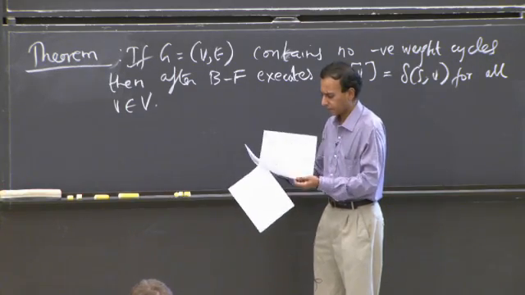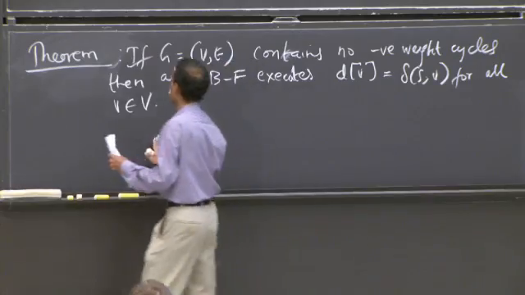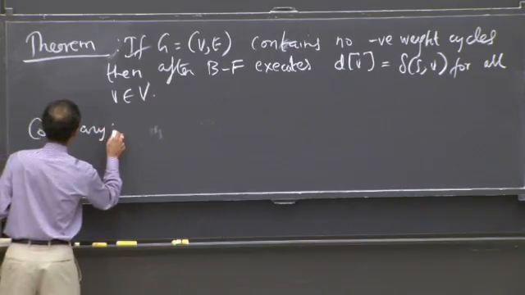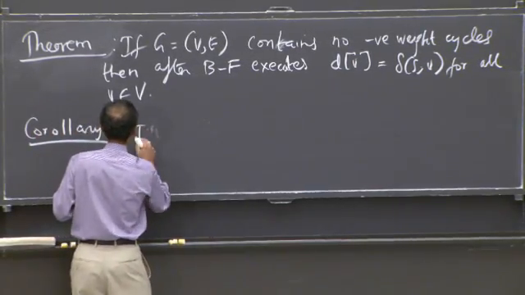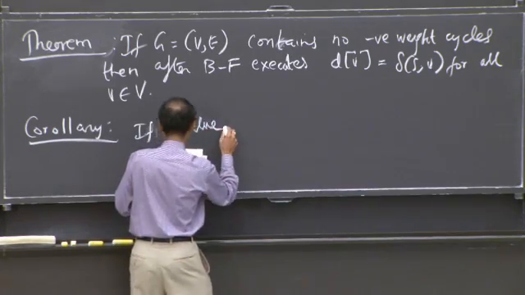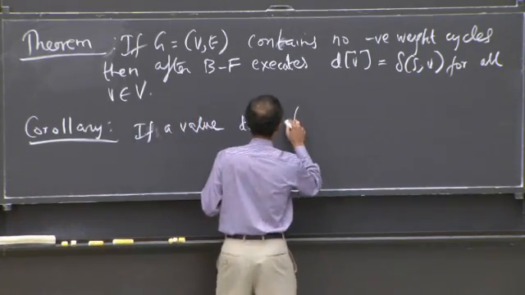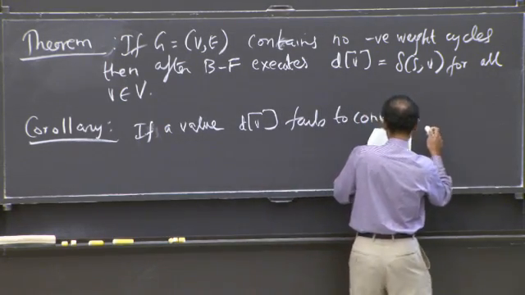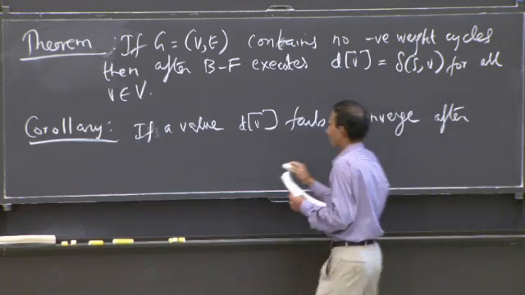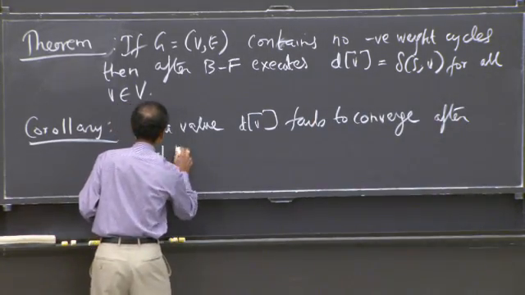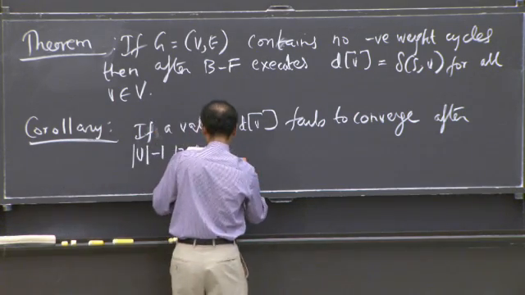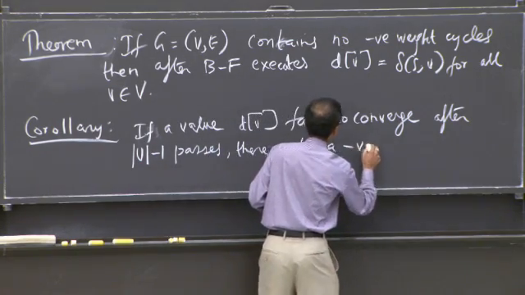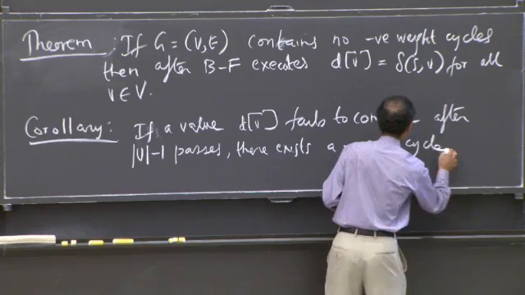And the second piece of it is a corollary that we want to prove, and that has to do with the check. It says that if a value d of v fails to converge after V minus 1 passes, there exists a negative weight cycle reachable from s.